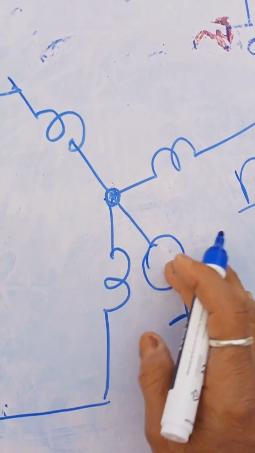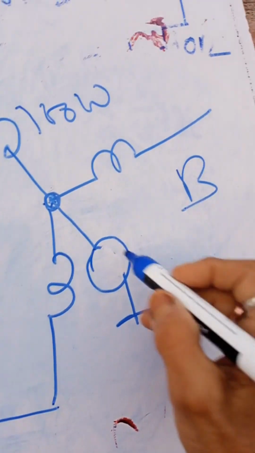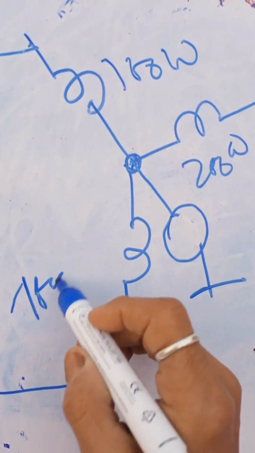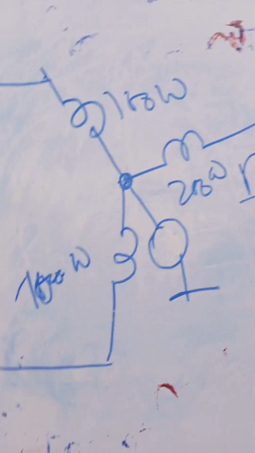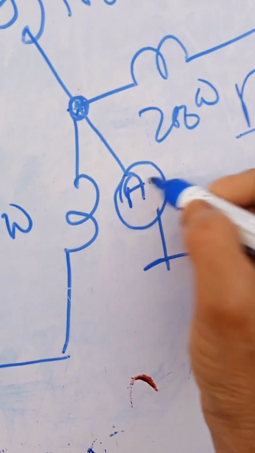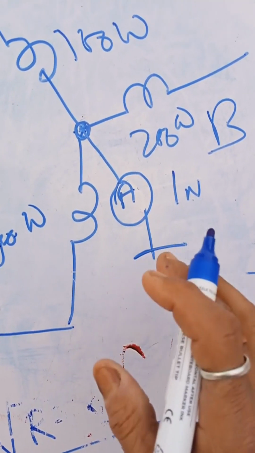If it is an unbalanced load, say 100 watt, 200 watt, and 100 watt, this type of load is called an unbalanced load. Here we can measure the neutral current IN with the help of an ammeter.